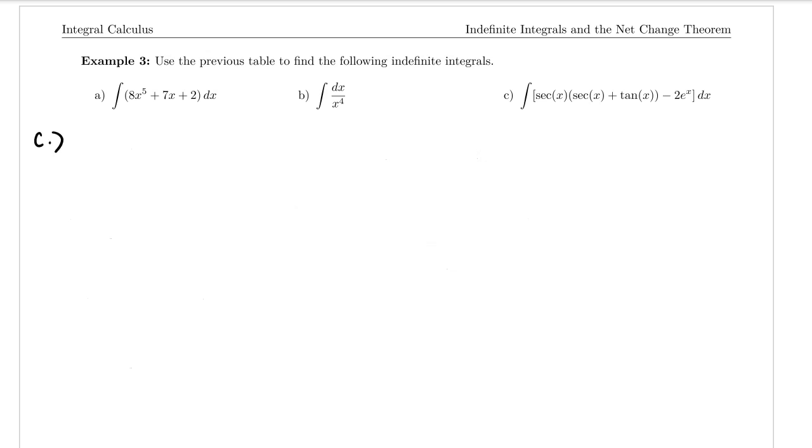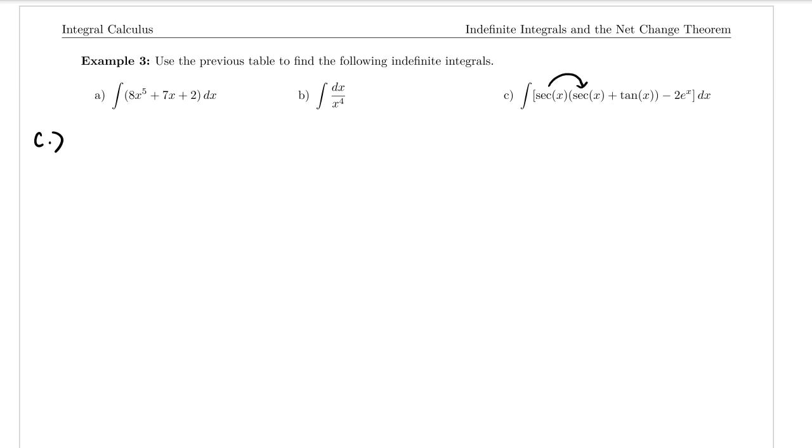All right, so for part C, we're asked to find the indefinite integral of secant times the quantity secant plus tangent, and then minus 2 times e to the x dx. So here you have to be really careful because there's a parenthesis there and a parenthesis there, which means that we need to distribute in our secant x.